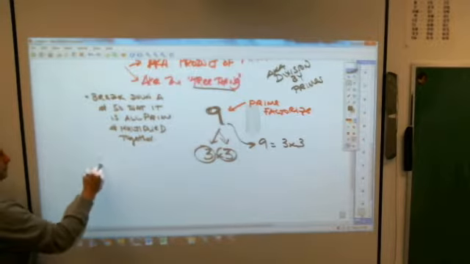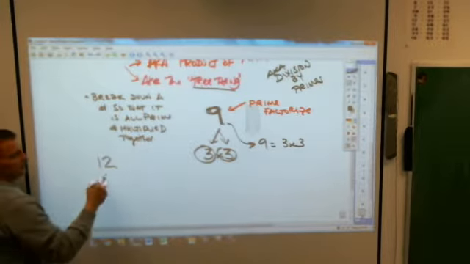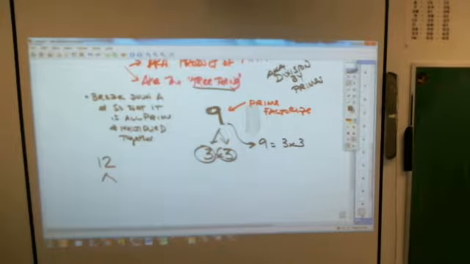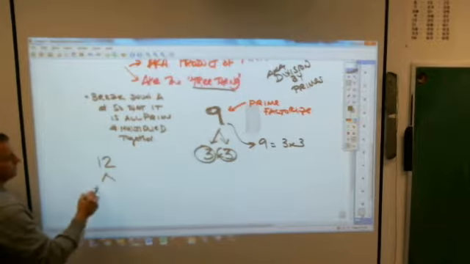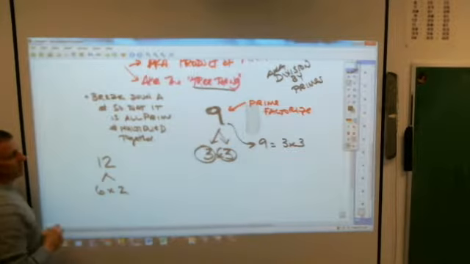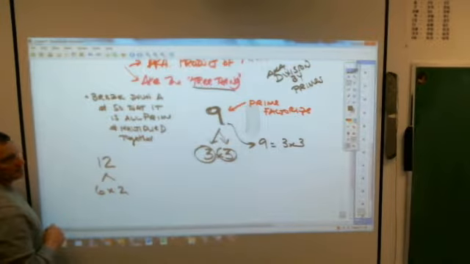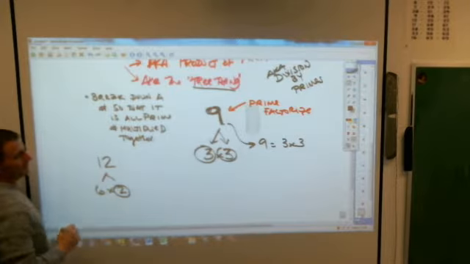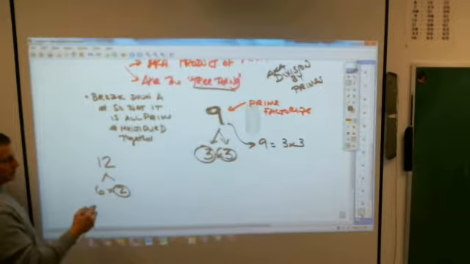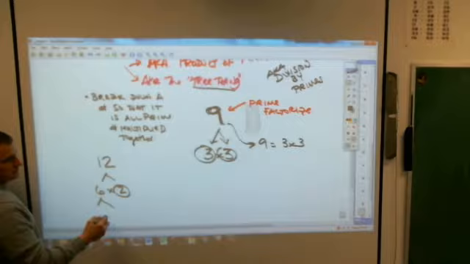Another example might be 12. We did 12. Now, there are a bunch of different ways to divide up 12. You could say what? 6 times 2, right? Are either of those prime numbers? Joseph? One of them is. Which one? The 2. Right, 2 is prime, so you don't have to break it down anymore, but 6 can be broken down into 3 times 2, right?